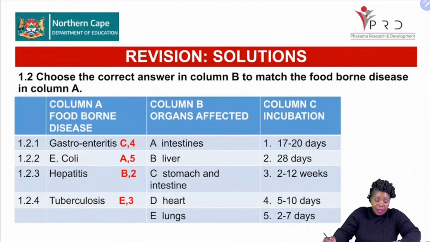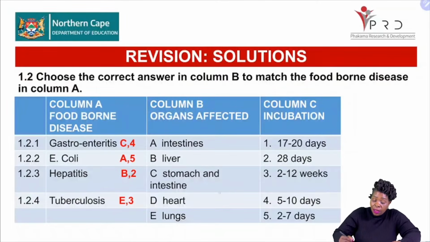We said the first foodborne disease is gastroenteritis. That is 1.2.1, gastroenteritis. Which organs are affected? We've got C. Sorry, C is the stomach and the intestines. So gastroenteritis affects the stomach and the intestines.